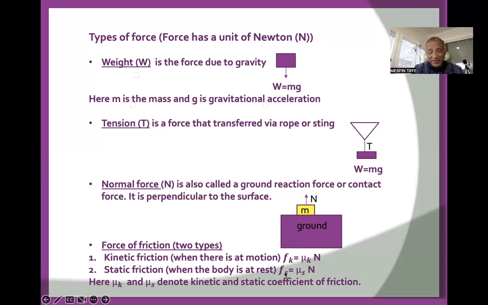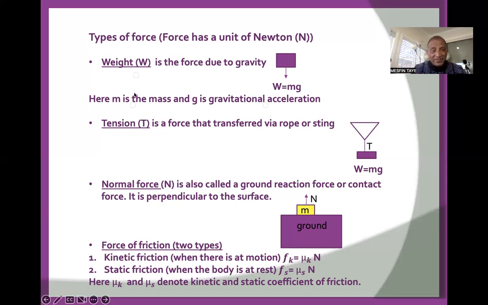When you say static friction, it's going to be coefficient of friction times normal force. So mu s is the coefficient of static friction, and n is the normal force. So we have two types of friction: kinetic friction and static friction. So these are the types of force that we're going to use. So in this chapter, we're going to come up with these forces, and we're going to solve problems.